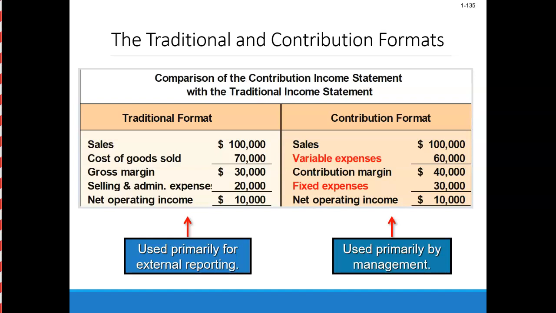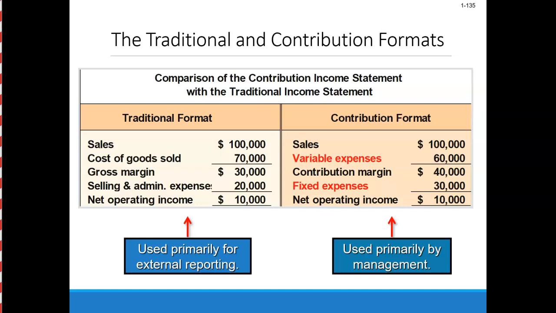You take the sales and then you subtract out the variable expenses on those sales to come up with what we call the contribution margin. That amount we get to contribute to fixed expenses to then come up with net operating income. The end result's the same. It just provides you with information used for different purposes.